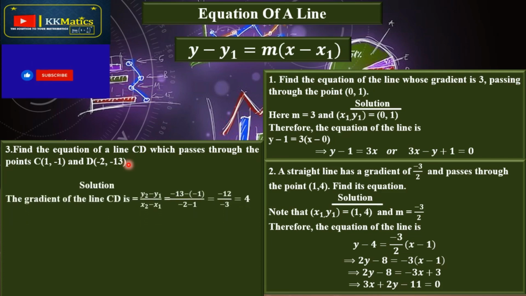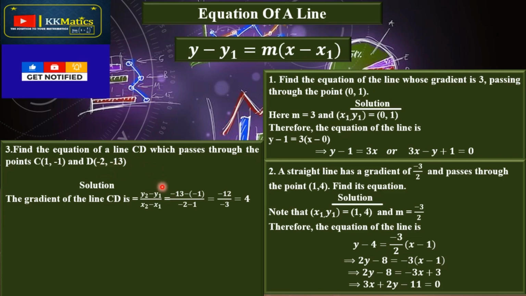In order for us to find that, the first thing we do is to find the gradient of the line CD, by using this formula. So we substitute the values here. We consider the minus 13 to be our y subscript 2, and so that comes first. So if that comes first, then in terms of x, the minus 2 will come first.